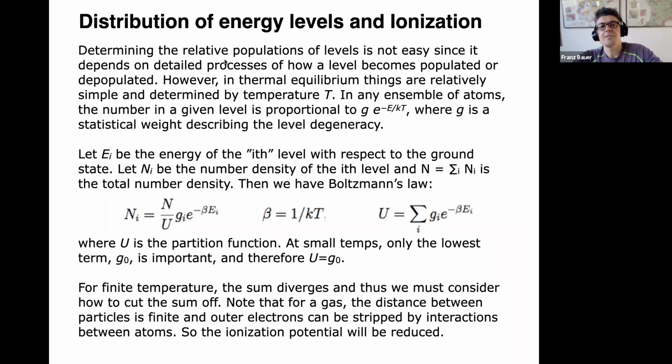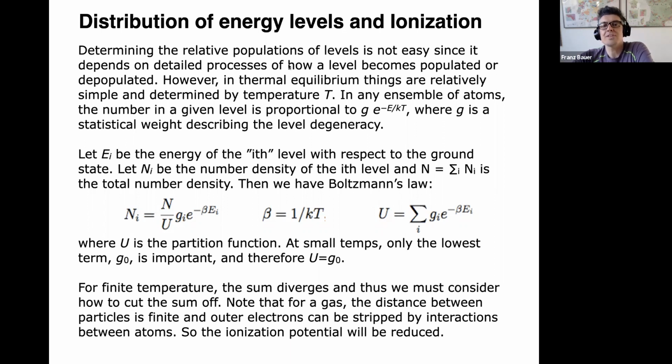And of course, the details of how you populate these levels are very intricately tied into the various thermodynamic relations with the various ions. And so this is very tricky.